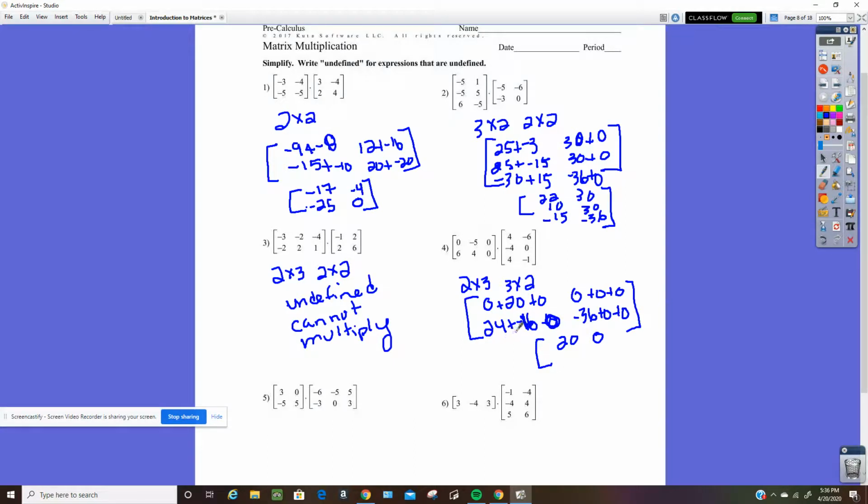So 24 minus 16, this would be a plus 0. This is an 8. And then negative 36 plus 0 plus 0 is negative 36.